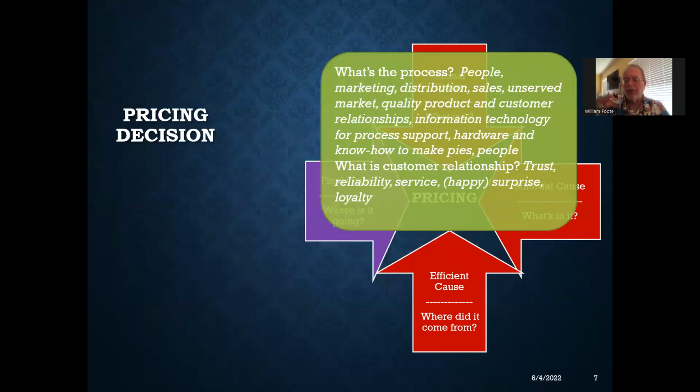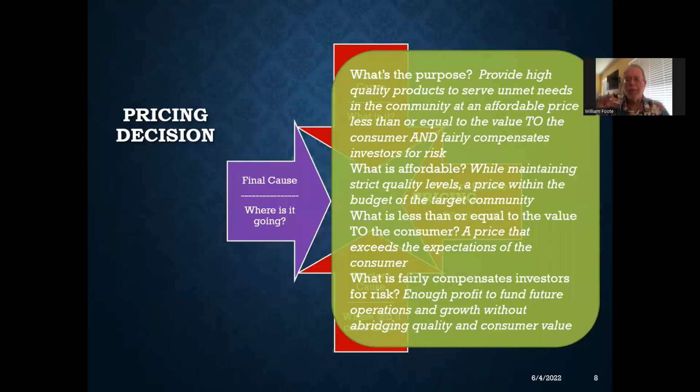What's the process? And the process here is incredibly simple, but the process is embedded in the influence diagram itself. What's the purpose? Well, here I'm going to come to the bottom of this list. Enough profit to fund future operations and growth without abridging quality and consumer value.